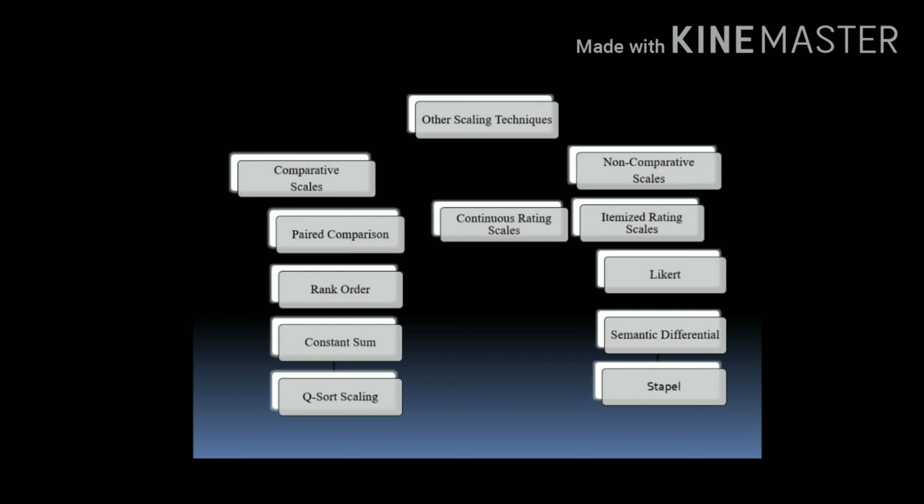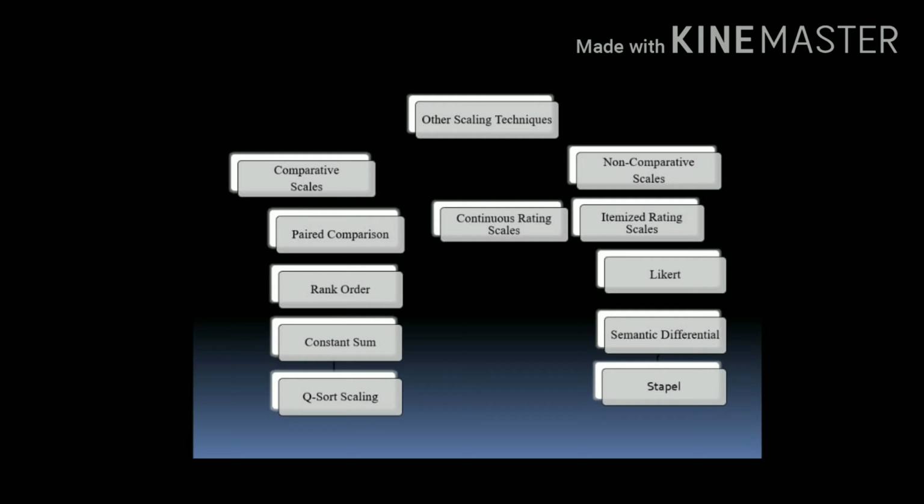Number two, rank order. In rank order scaling, the respondent needs to rank or arrange the given objects according to his or her preference. Number three, we have constant sum. It is a scaling technique where a continual sum of units like dollars, points, chips, etc. is given to the features, attributes, and importance for a particular product or service by the respondents.